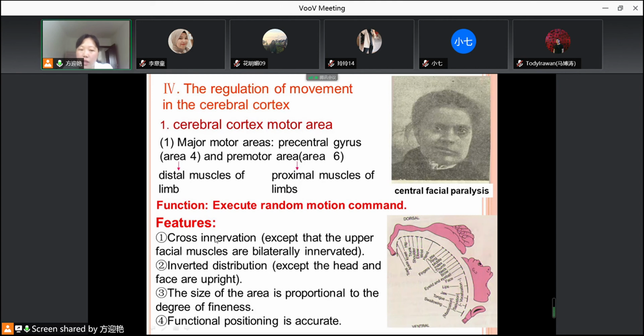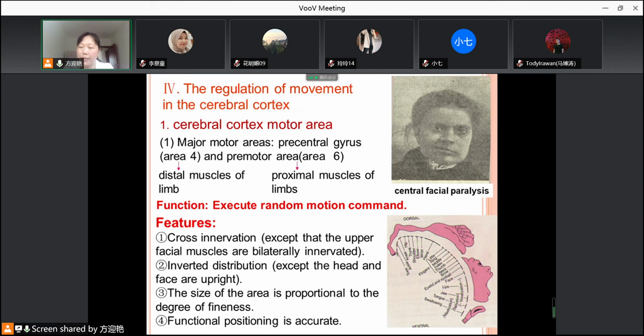To understand cross innervation, it means that the efferent fibers cross the spinal cord to the opposite side. The right cerebral cortex motor area conducts across to the left and innervates the left muscles of the limb.